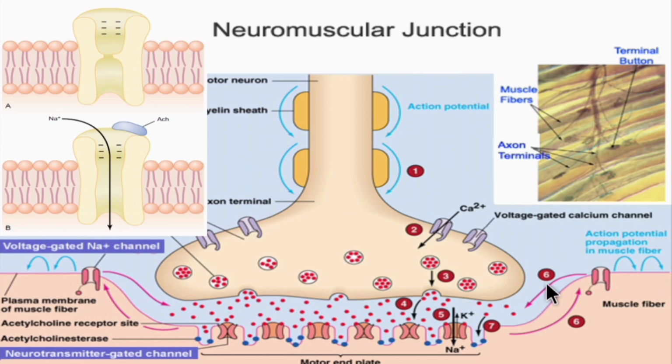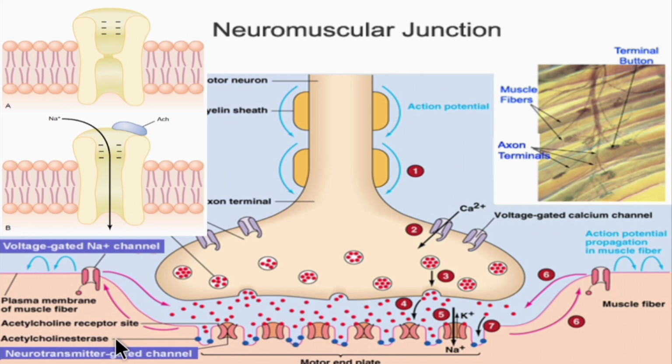Now, any excess acetylcholine, or when the action potential ceases, the acetylcholine present in the synaptic gutter or synaptic space is made inactive by acetylcholine esterase.